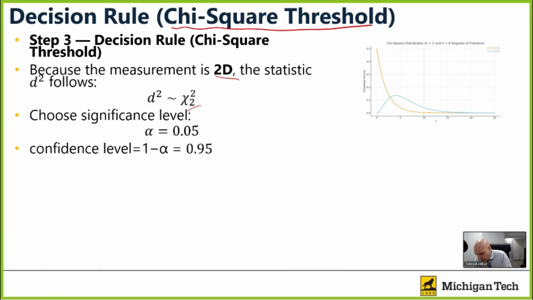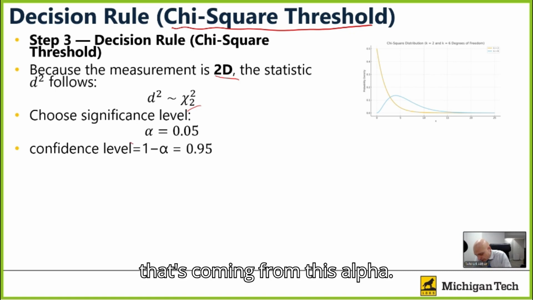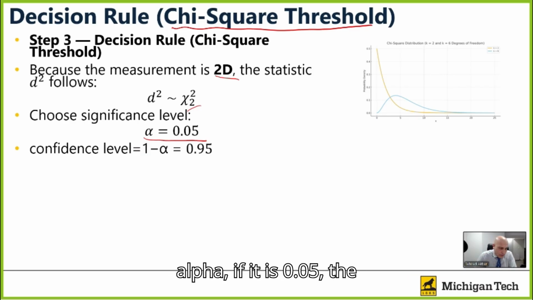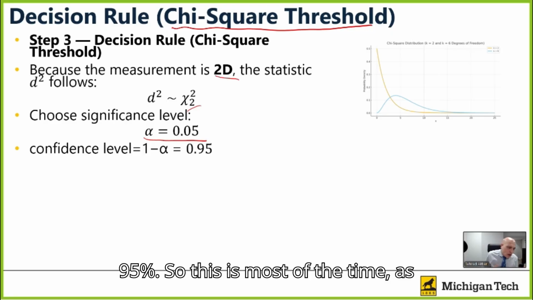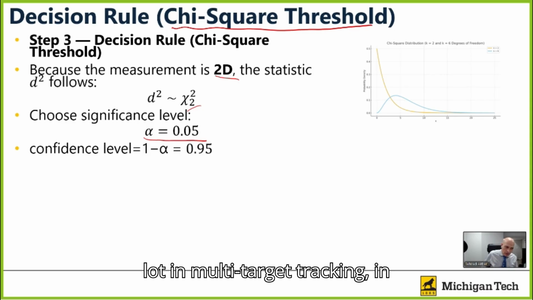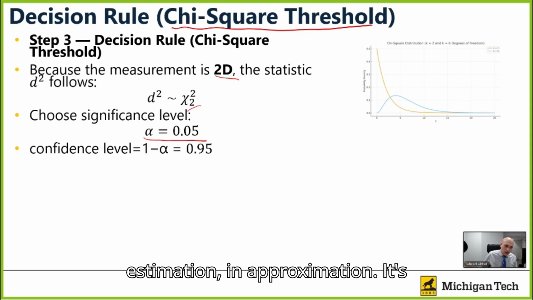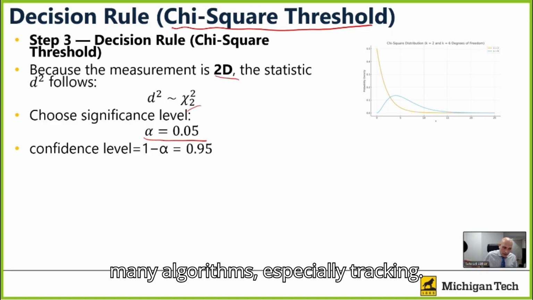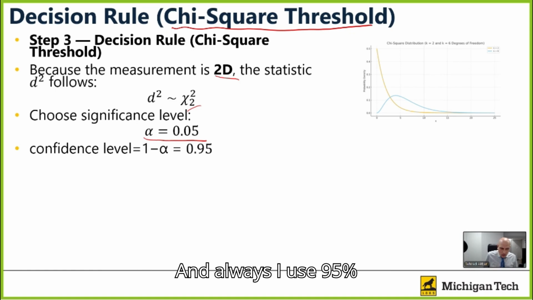You have a significance level coming from this alpha, and if alpha is 0.05, the confidence level is 0.95. I use this a lot in multi-target tracking, in estimation, approximation, prediction, in so many algorithms, especially tracking, and I always use 95% confidence.